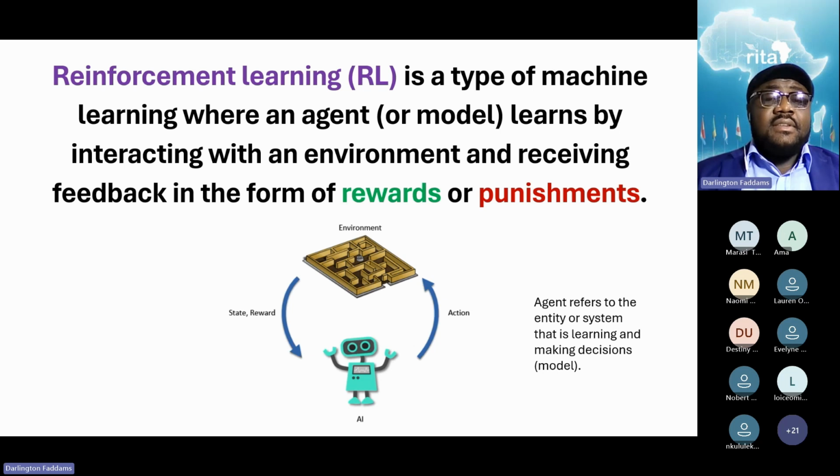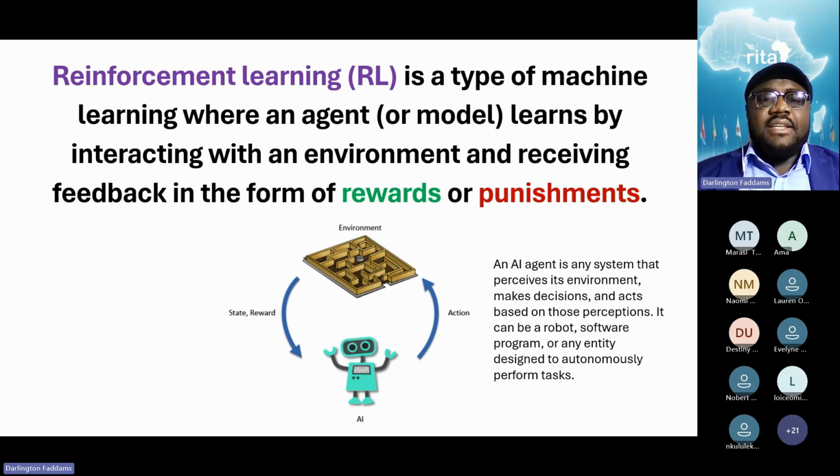This is because this particular type of learning learns from what happens. If it does something and gets a reward, it knows that it is the right thing to do. When it does something and gets a punishment, it knows that it is a wrong thing to do. This is a type of machine learning where the model learns through interaction and becomes smarter through interactions. This is referred to as reinforcement learning.